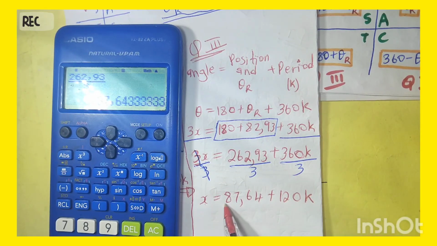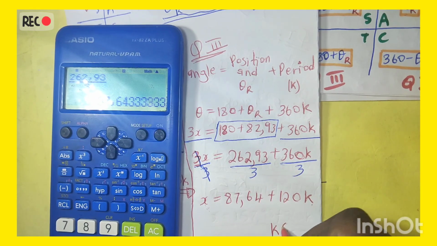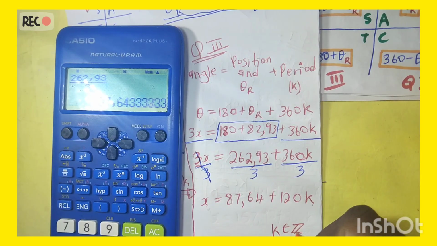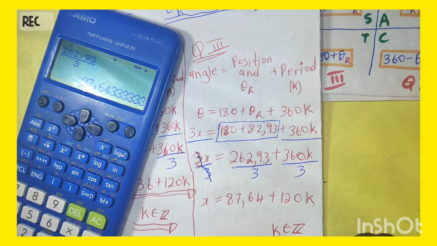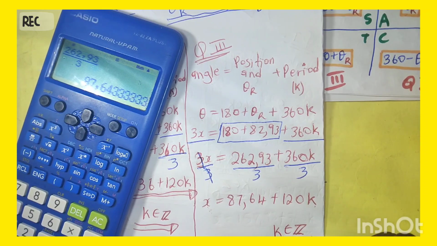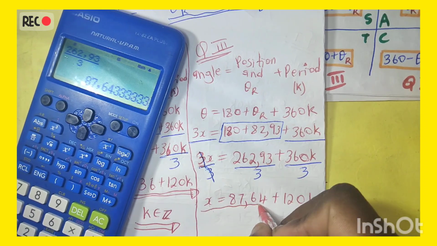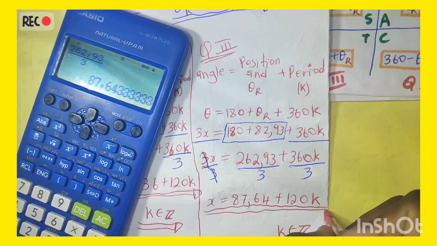Since our x is representing the answer and that x there it's alone, it means that I can say k is the element of all integers, meaning that k can be one of these numbers there. Do you see? Only when I want to solve the value for x there. So this thing there is just the final answer.